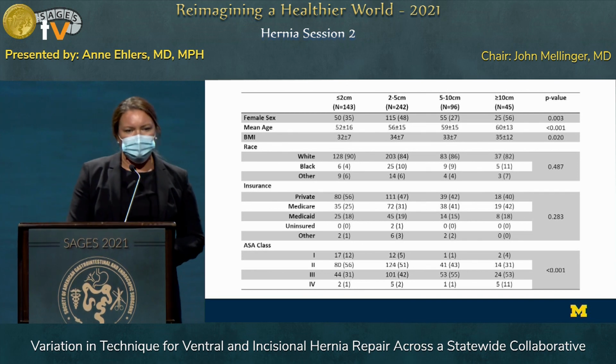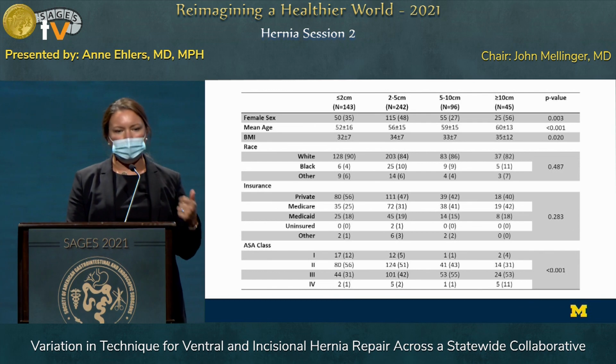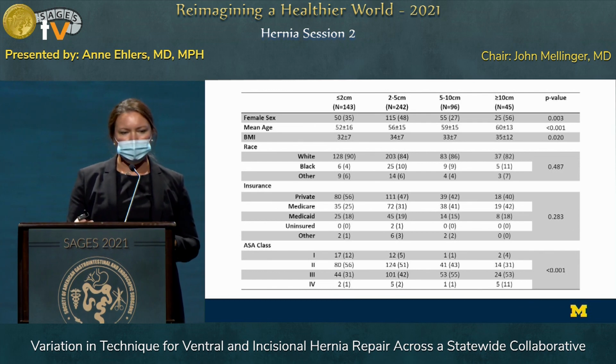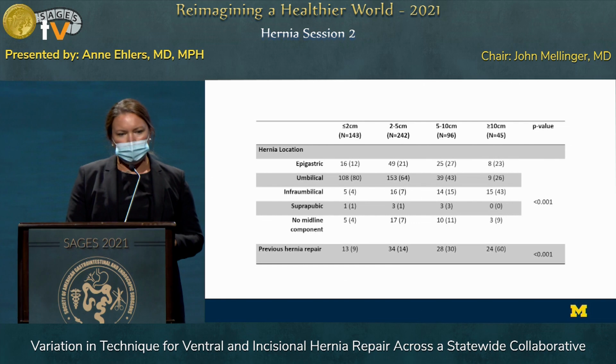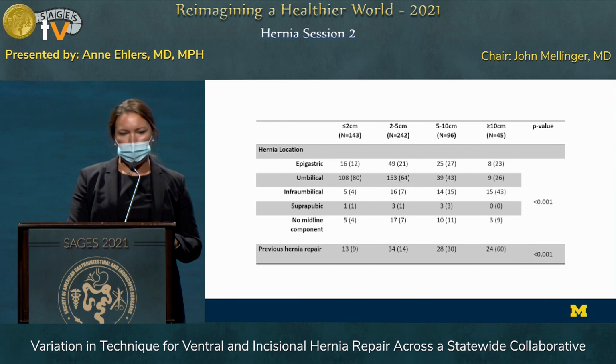So you can see that we broke it down into 4 categories of hernia size based on the width. We're seeing differences in terms of the sex distribution, the age, comorbidities. Again, looking at location, you can see that we're getting really exciting information about where these are, whether people have had a previous hernia repair. Not surprisingly, a lot of the larger hernias down there have had a prior hernia repair.